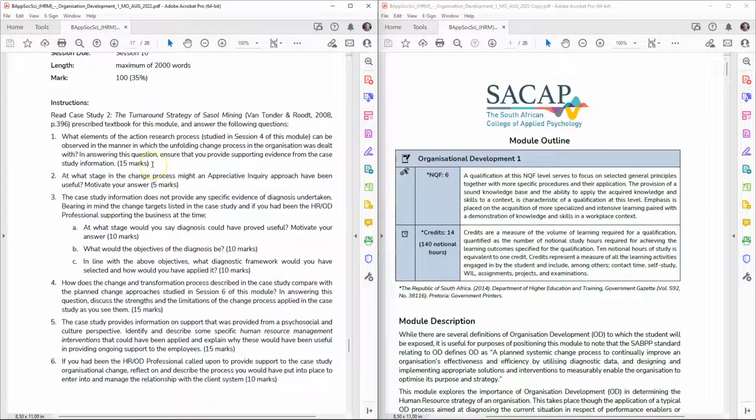So just a quick pause here. Please, it's a case study, so your answers must not be all theoretical. You can refer very quickly to what the action research process is, but you should then answer the question in the context of the case information.